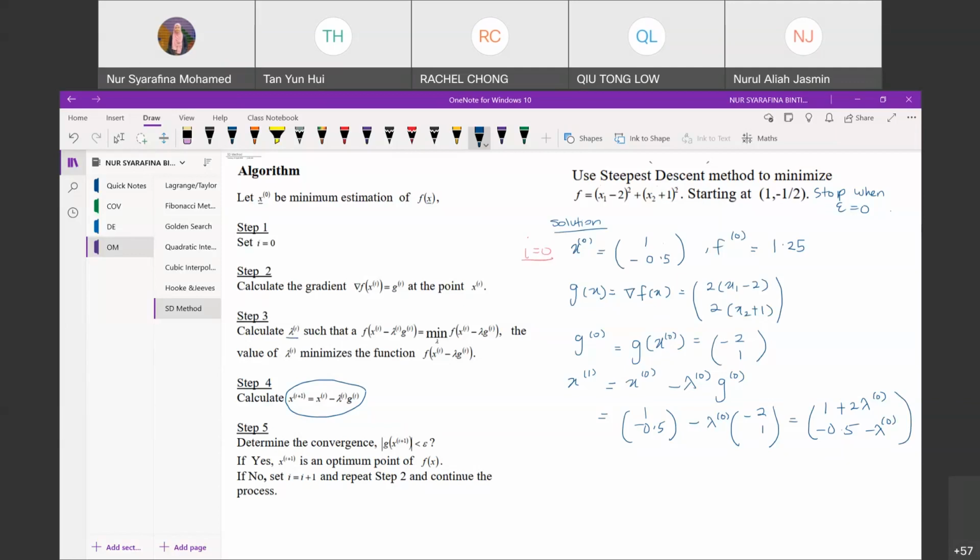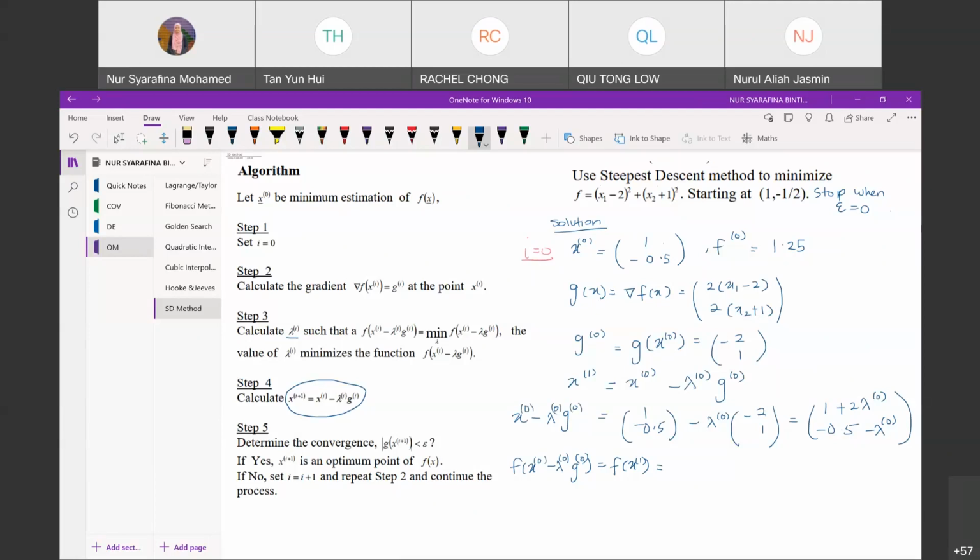So this is your xi minus lambda i gi, here x naught minus lambda naught g naught. Now your f(x naught minus lambda naught g naught), which is also f(x1), just substitute into your function.